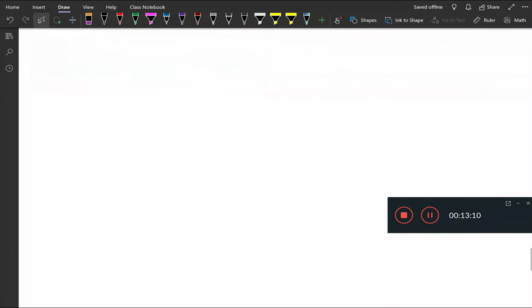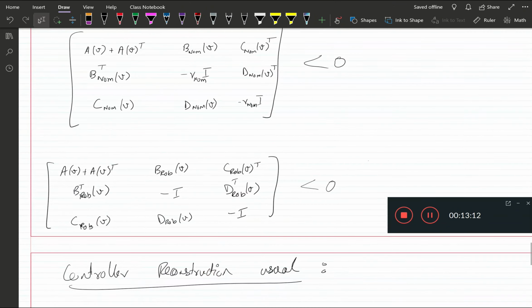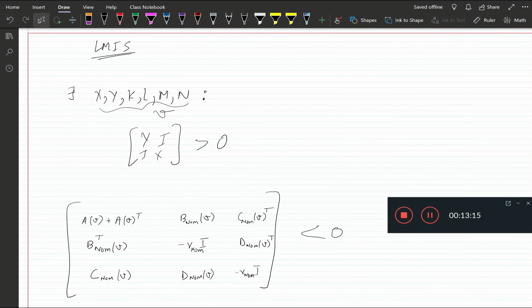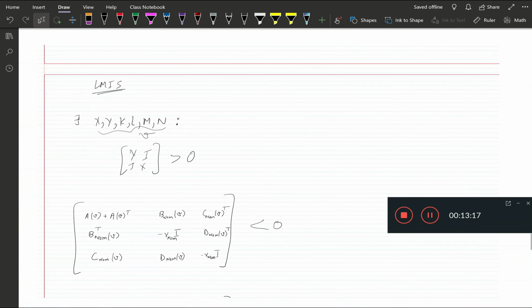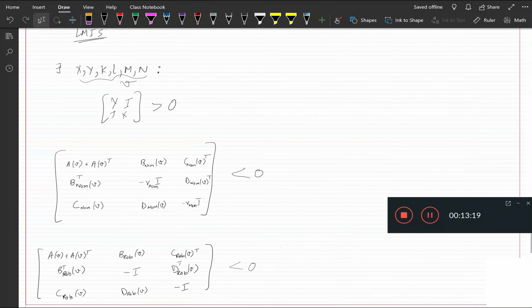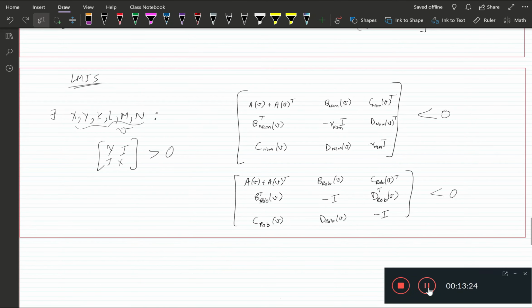Now let's look at the final LMIs. So the final linear matrix inequalities look something like this.